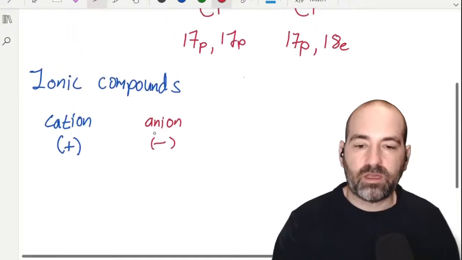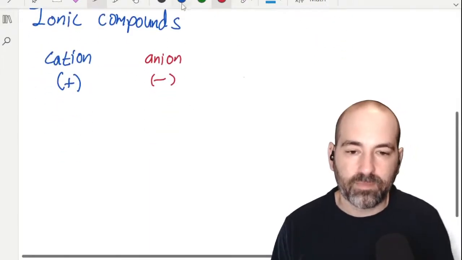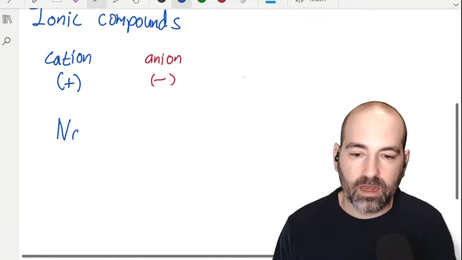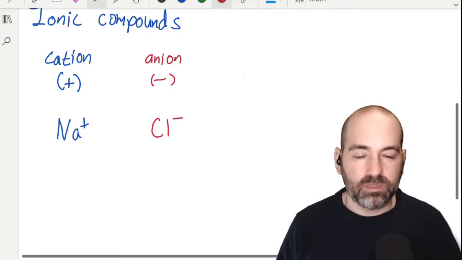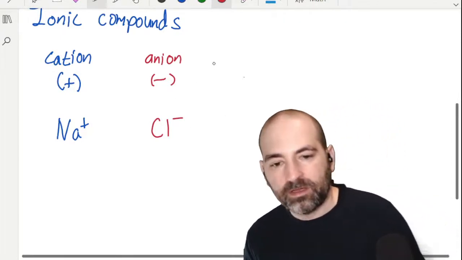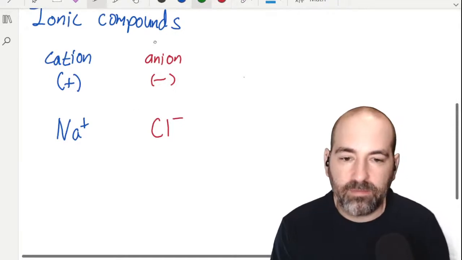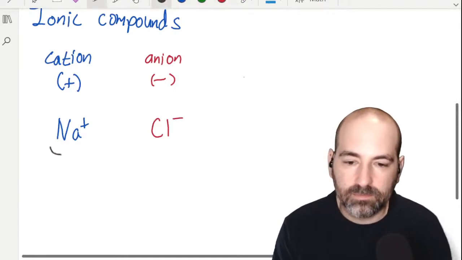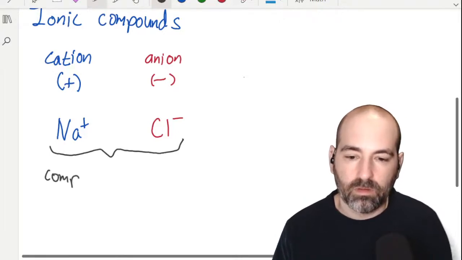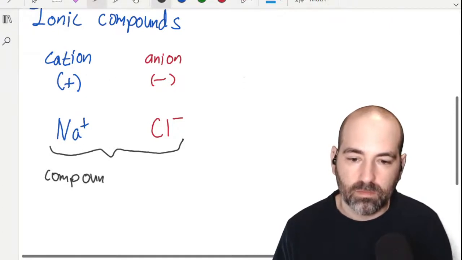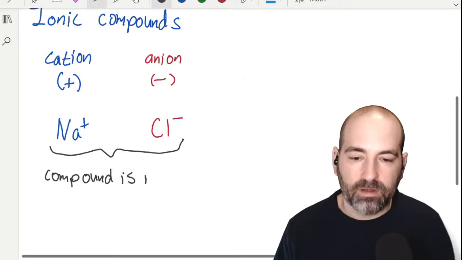So let's say we want to make a compound between sodium and chloride. We look at the positively charged sodium cation, the negatively charged chloride anion, and we put them together to make a compound. Now here's the thing. When you put them together to make a compound, the compound needs to be neutral.